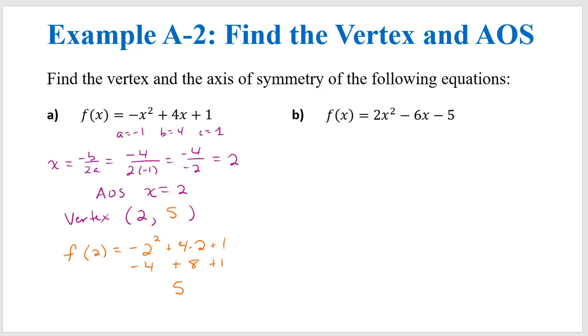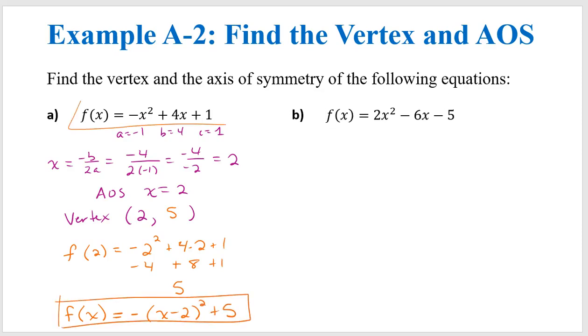And if I wanted to use that vertex, I could write this function in vertex form: the a value, which is -1, times x minus 2 quantity squared plus 5. So this function in vertex form is the same as this. So it is a nice way to be able to go back and forth.